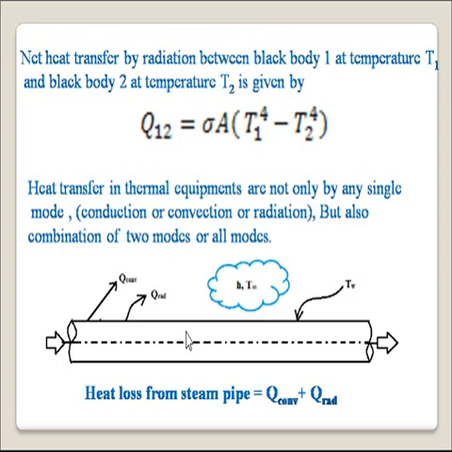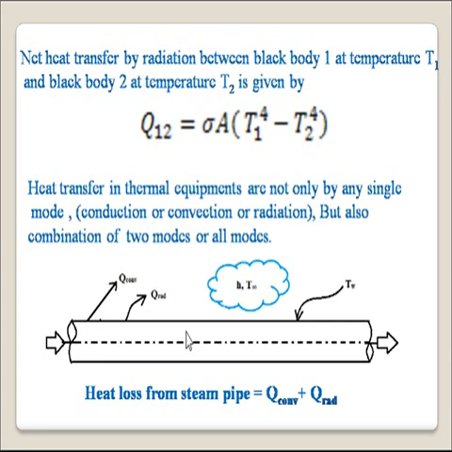Similarly, another example is a furnace. In a furnace, the steel stock is heated by burning fossil fuel or by producing heat with an electrical heater. Then heat is lost by the stock by convection and radiation, and furnaces operate at high temperature.